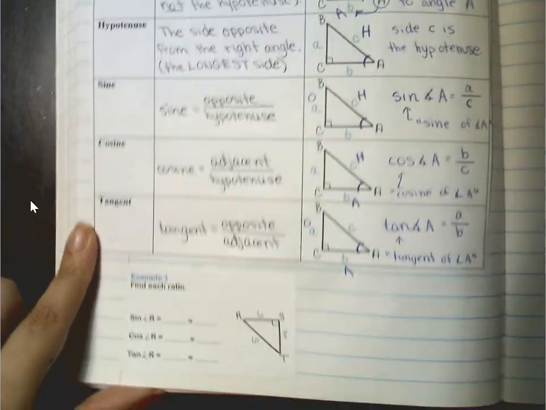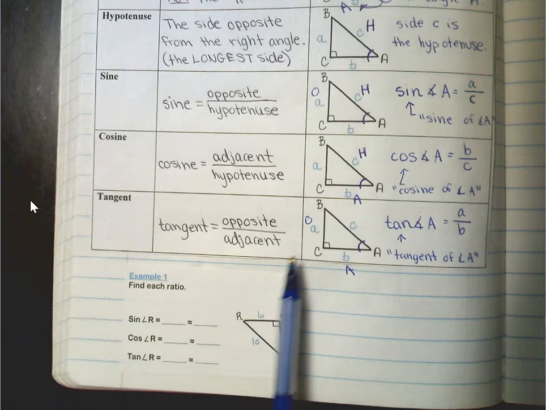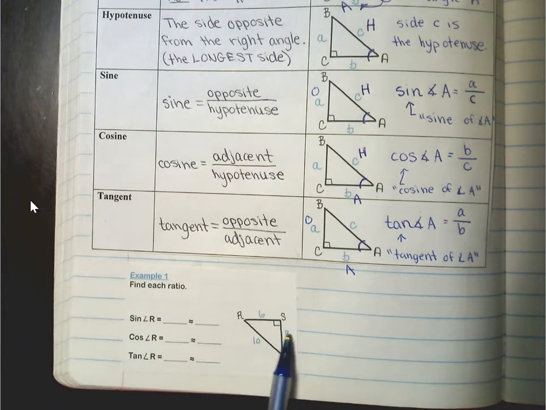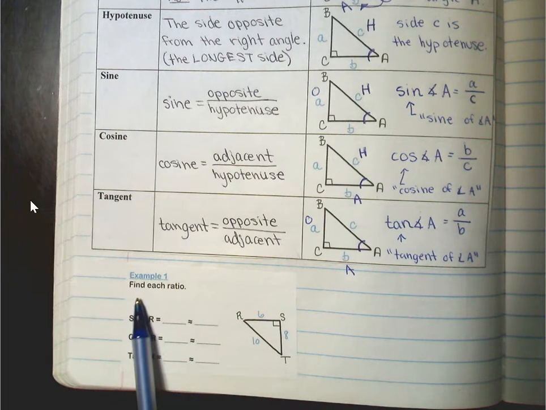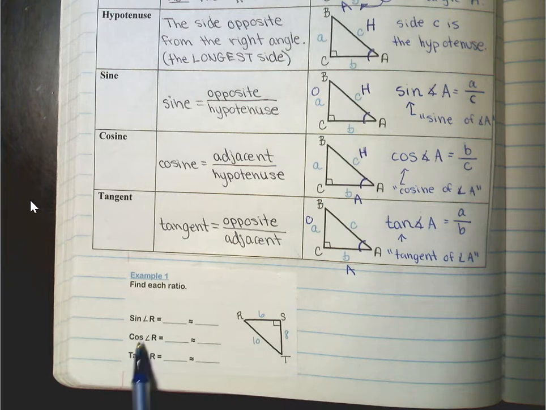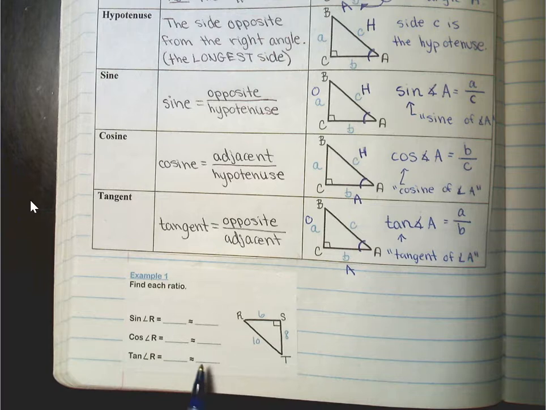In example 1, they're giving me a right triangle, and now I actually have side lengths for the sides of the triangle, and they're just asking me to find the ratio. So I just have to find the fraction for sine, cosine, and tangent, and then I'm going to convert it into a decimal.